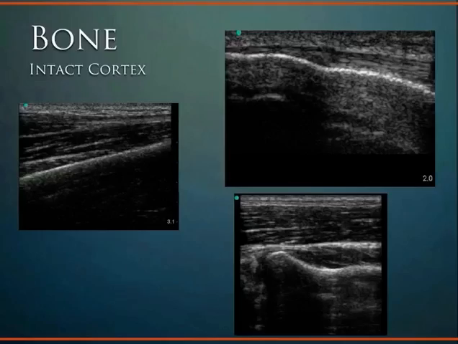As we run through the normal anatomy for bone, intact cortex is a very thick hyperechoic line through here. This is the bony architecture overlying subcutaneous and muscle tissue. Here is, again, bony cortex through here, bony cortex through here.